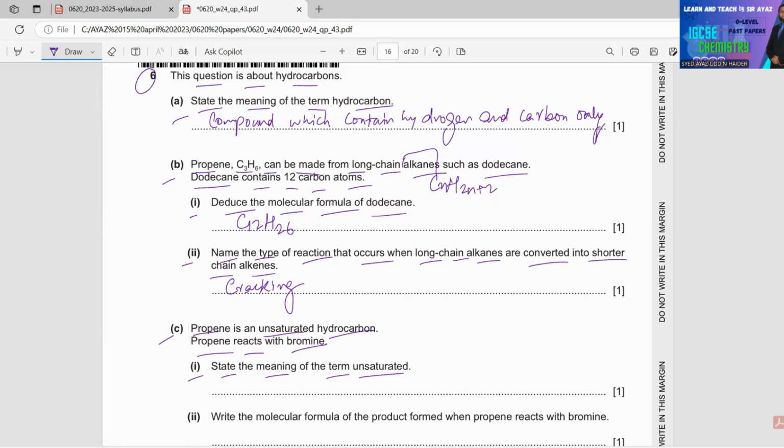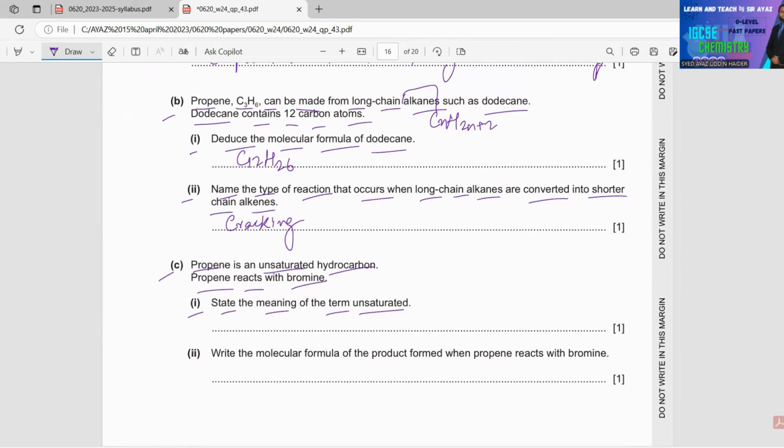Contains at least one carbon-carbon double bond.